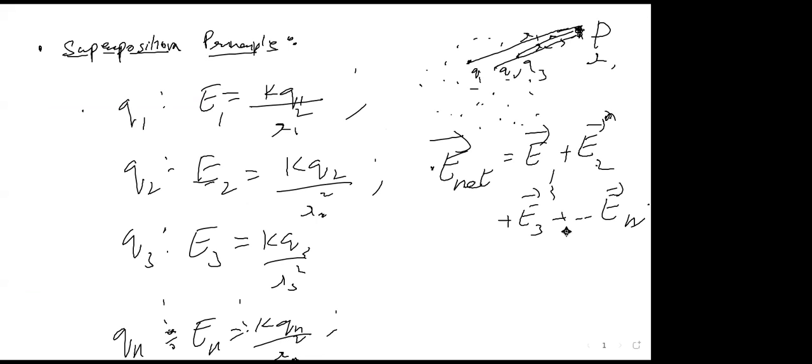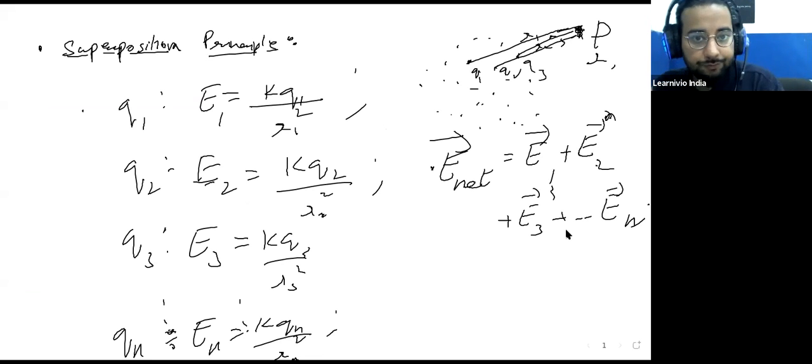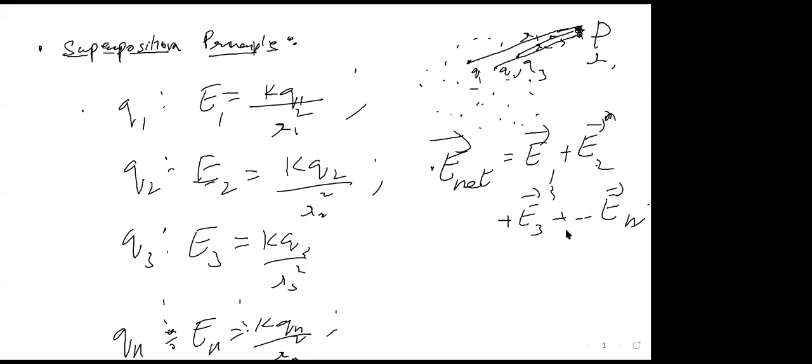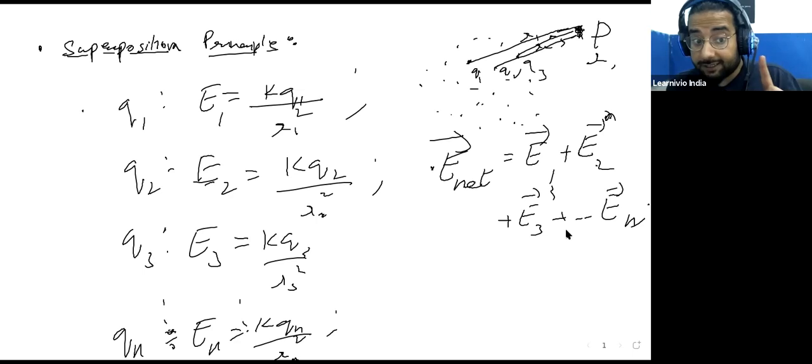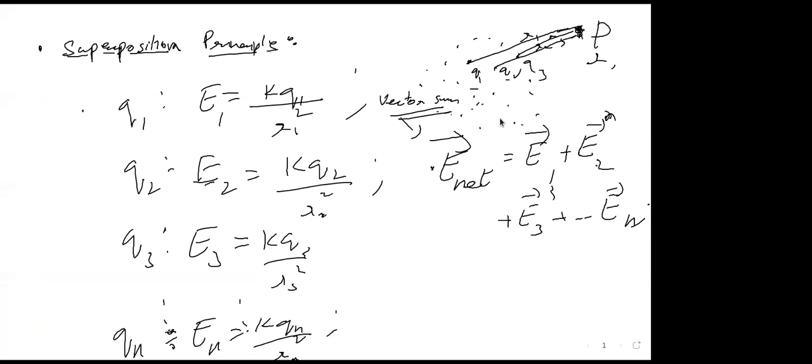Think about it. So we will just have a vector sum of all the charges. Notice, this is a vector sum. This is not a scalar sum.